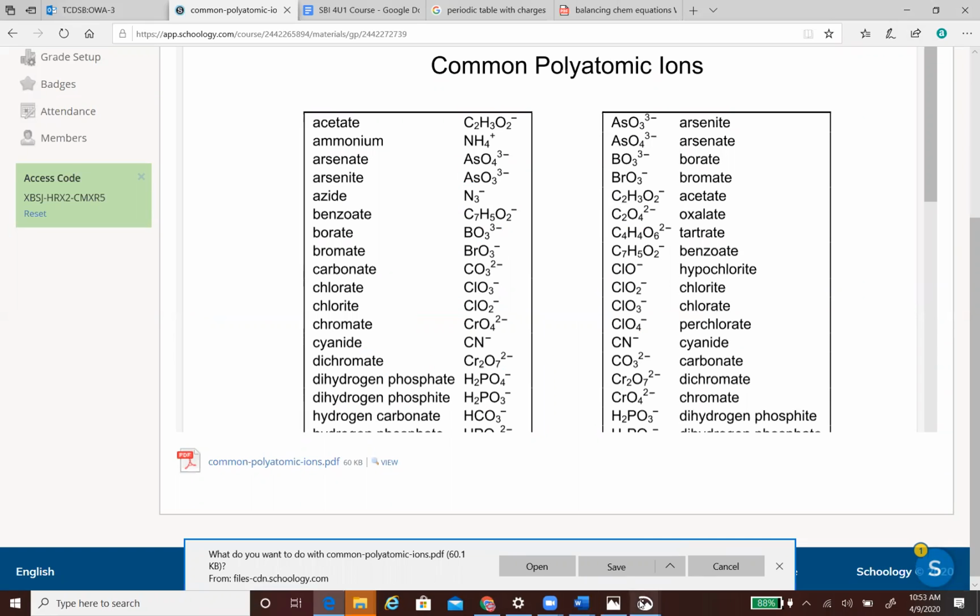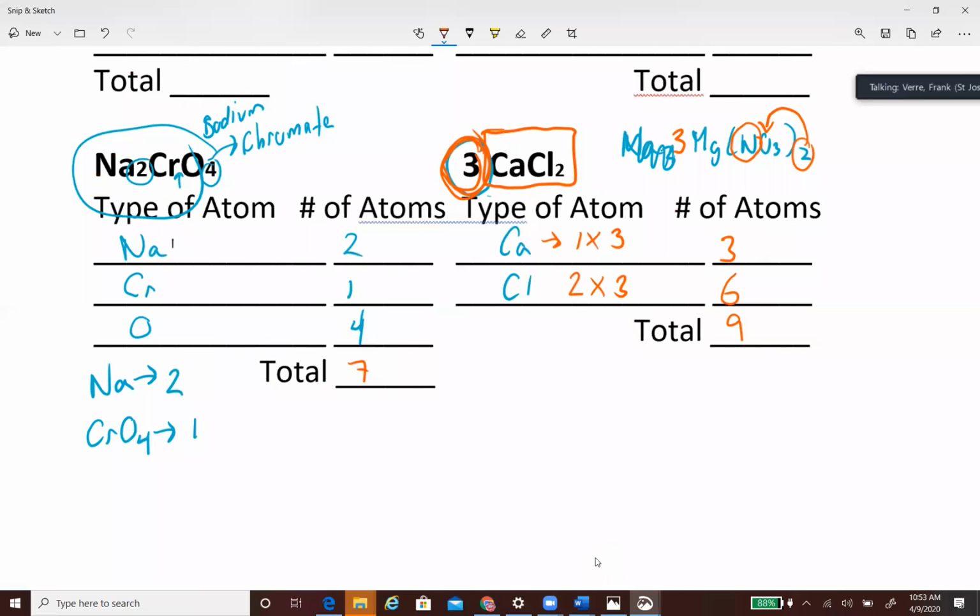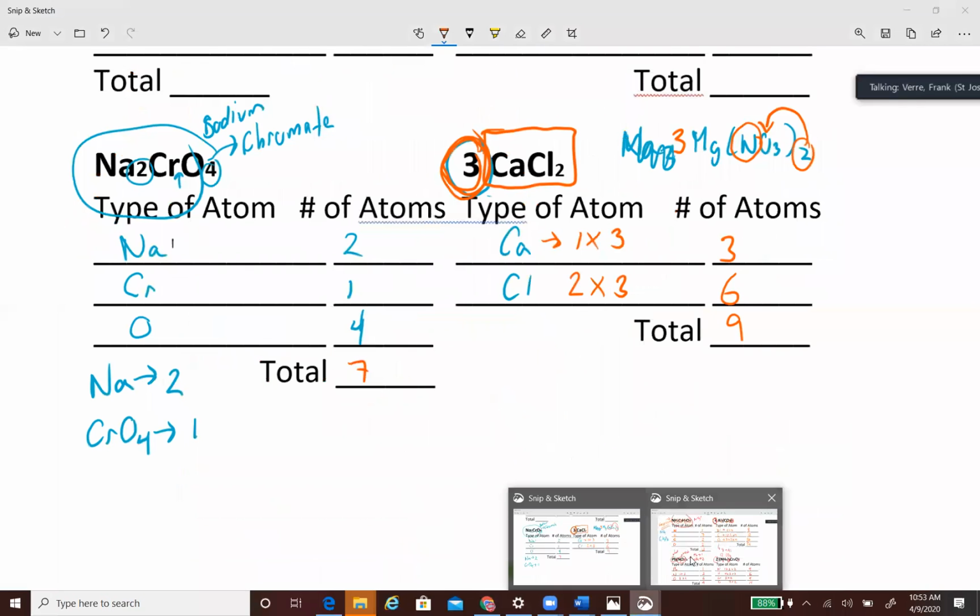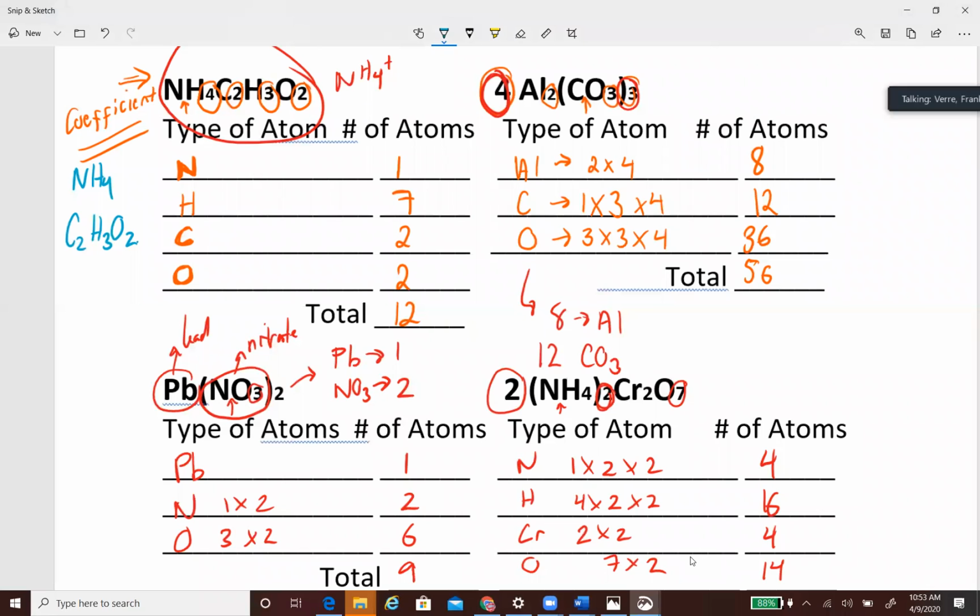That's something called acetate. So another way to look at this one is that we have basically just simply one of each. There's one ammonium and there's one acetate.